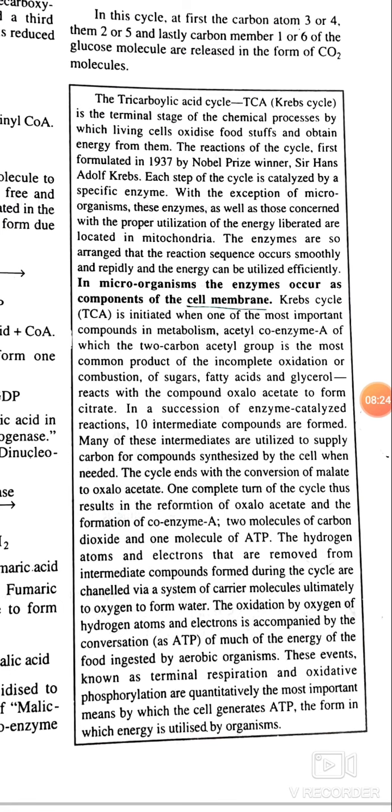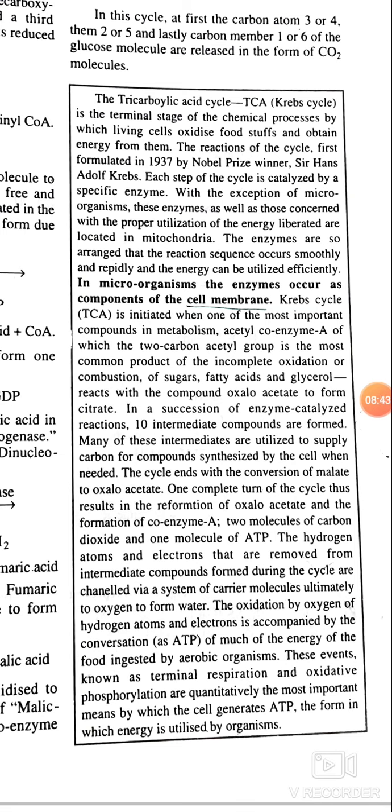In a succession of enzyme-catalyzed reactions, 10 intermediate compounds are formed. Many of these intermediates are utilized to supply carbon for compounds synthesized by the cell when needed.